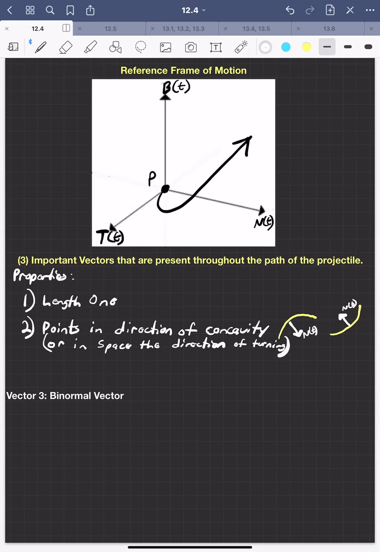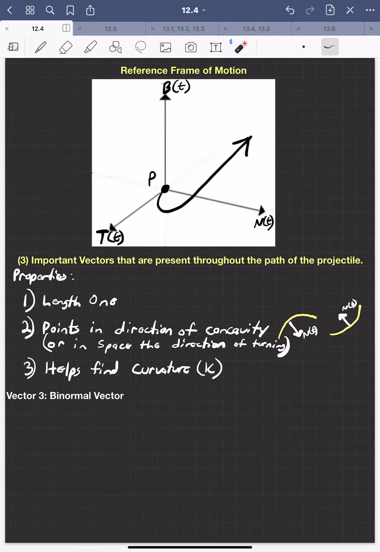Now, one of the other properties is that it helps us find curvature, which we will come back to in a later section. All right.